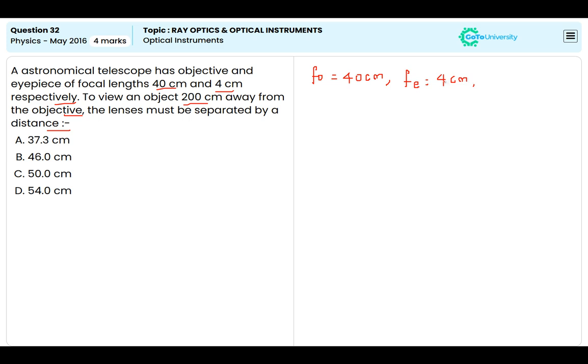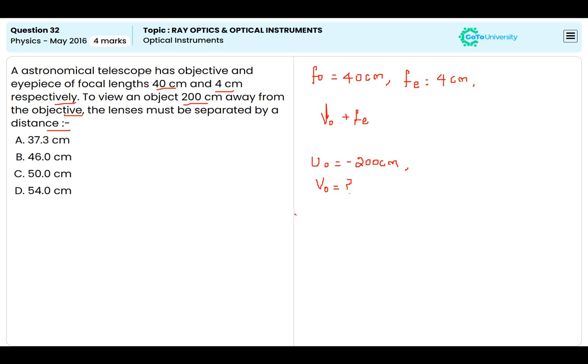The tube length is the distance between the lenses, so we can write tube length as v naught plus fe. For the objective lens, u naught is equal to minus 200 centimeter and v naught we need to find here. v naught is equal to question mark.